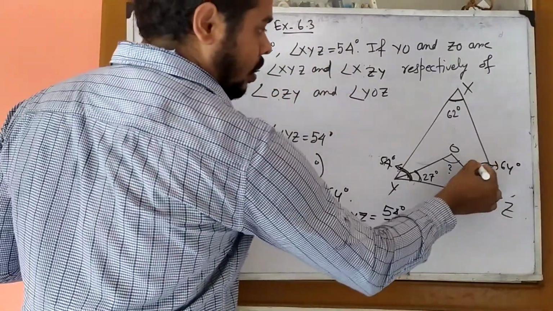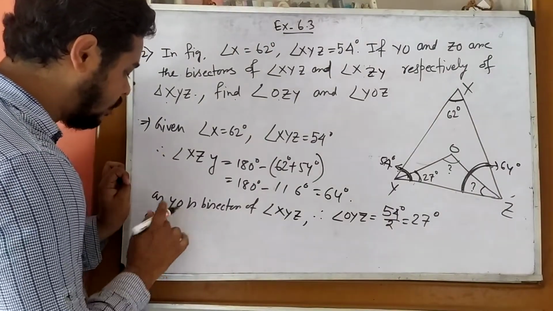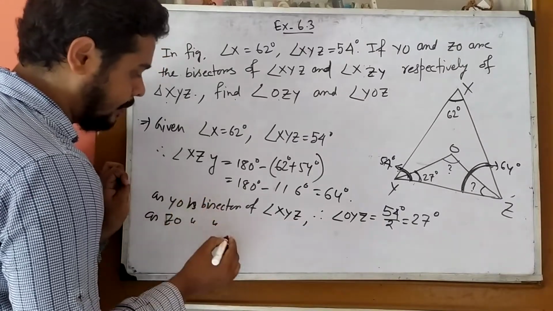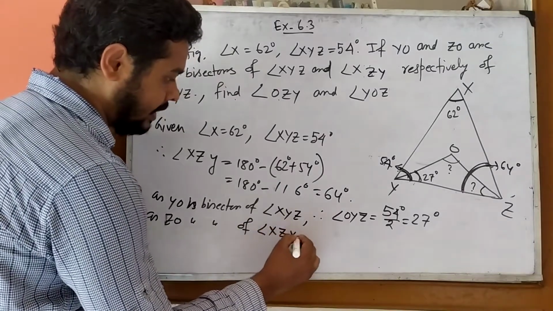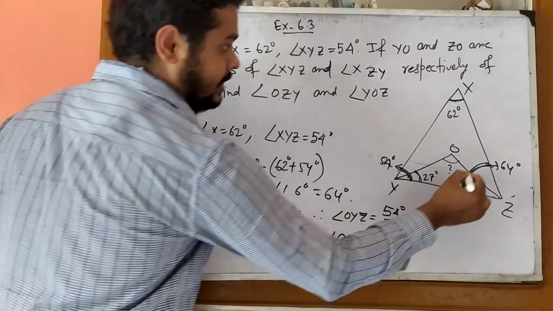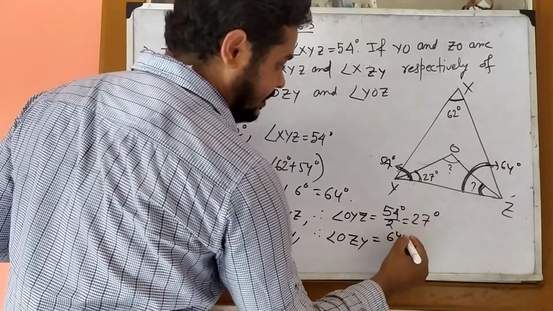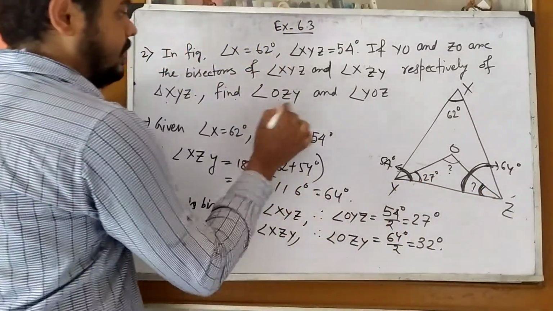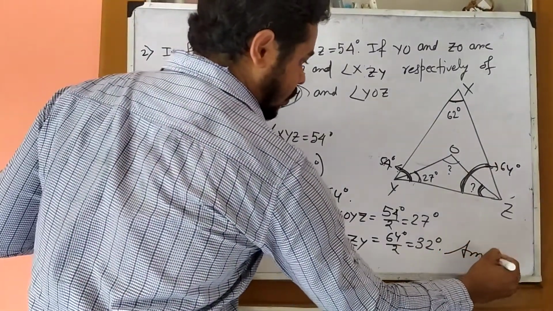Now similarly the whole part is 64 degrees, as ZO is the bisector of angle XZY, therefore angle OZY, this portion, will be half of the whole, that is 64 by 2, that is 32 degrees. So this portion is 32 degrees, and that is our first answer, OZY. This is answer number 1.